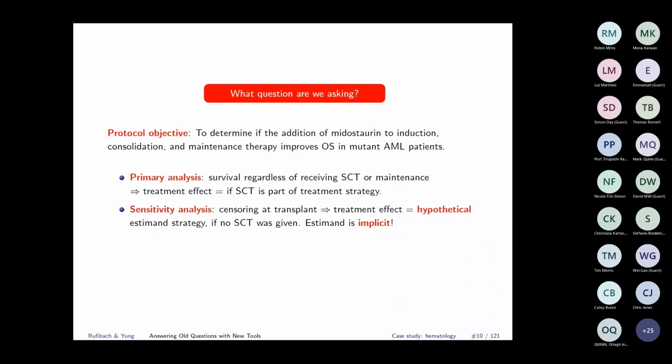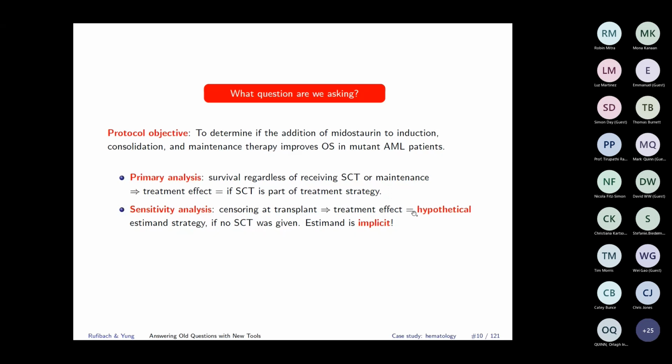So you would define your treatment strategy as you add midostaurin to induction and to consolidation. After consolidation, you have the option for SCT, or you go into maintenance. So that's the definition of your treatment strategy. But then if that's your treatment strategy, there's no point in censoring at SCT because it's not answering the question you're interested in. If you censor at transplant, you start to ask a different question.